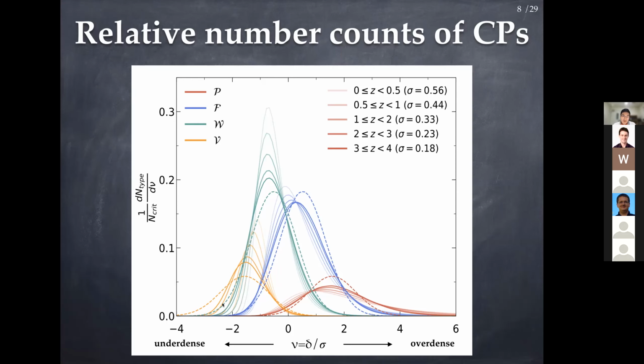So now let's first focus on dashed lines, which is the theoretical prediction from Gaussian random field, having the same power spectrum. If you first look at these blue lines representing filament distribution and wall type critical point distribution, you clearly detect a symmetric feature about nu equals 0. And there is another symmetry between void type critical points and peak type critical points about nu equals 0.